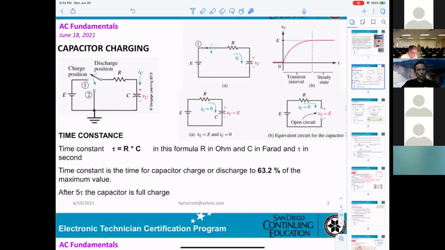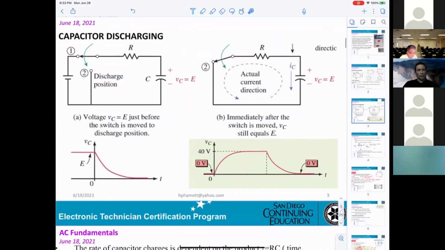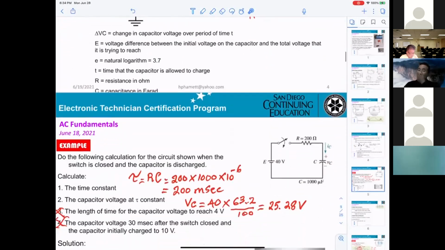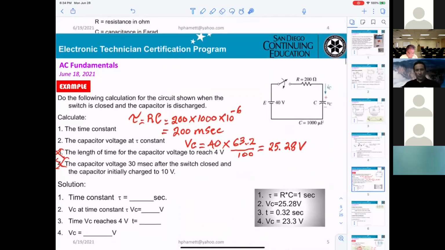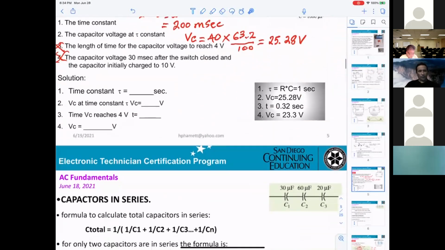After 5 time constants, the capacitor must be fully charged no matter what. That will be displayed here: this is the charging, and this is the discharging. We are not doing any calculation.